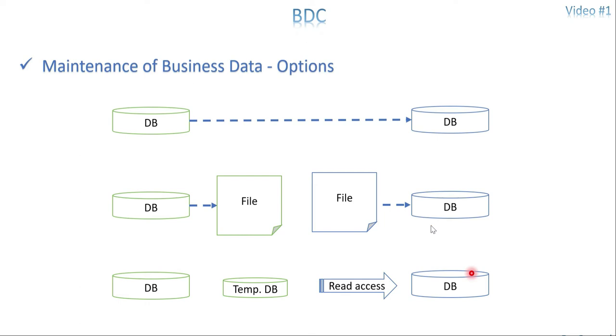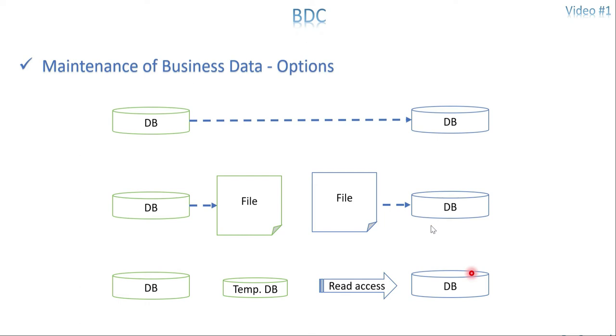Once you're done with the new SAP implementation, the data from your legacy system has to be moved to the SAP database. Okay, so for that we used this concept, BDC. On top of it, the functional people may use LSMW because it doesn't require code level work. So it's very handy for functional people. They can write their own design in LSMW. That is also going to do the same thing, transfer the data from a source to a database.